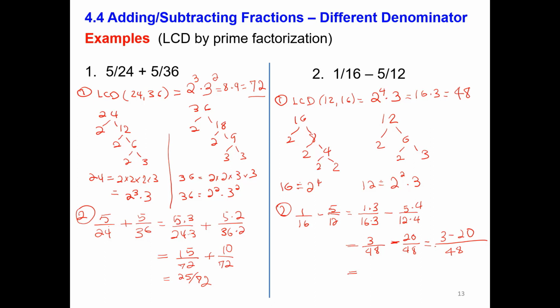And finally, 3 minus 20 is minus 17 over 48. Yes, minus 17 over 48 is the final answer.